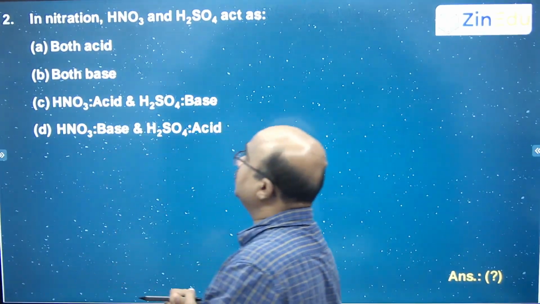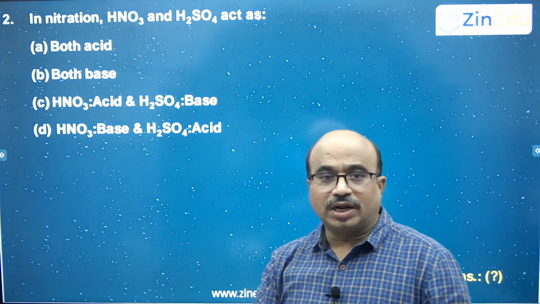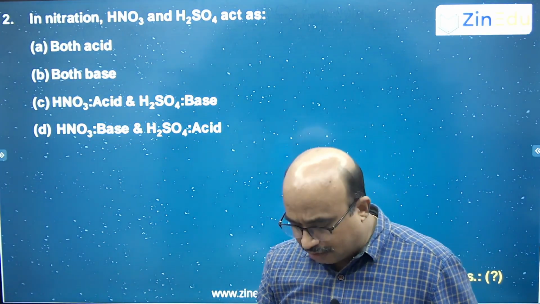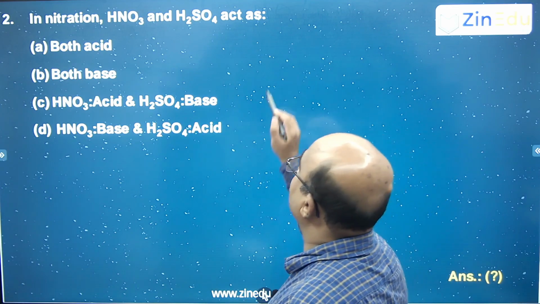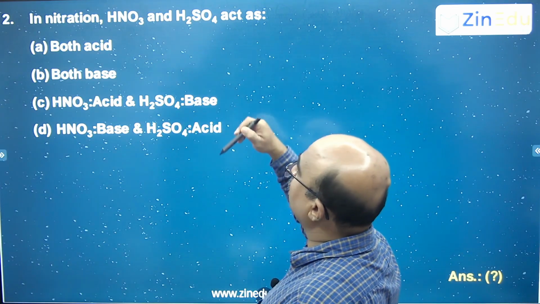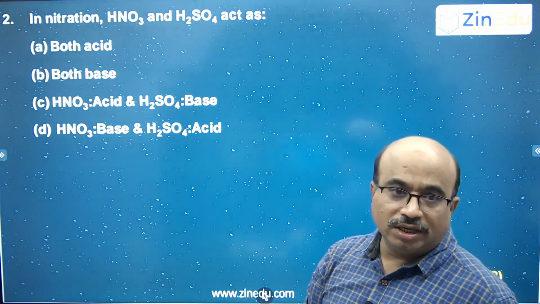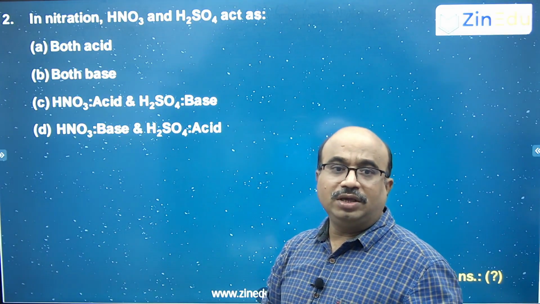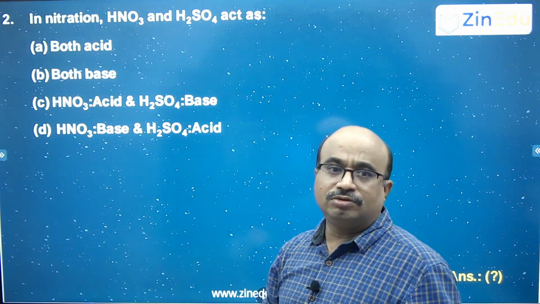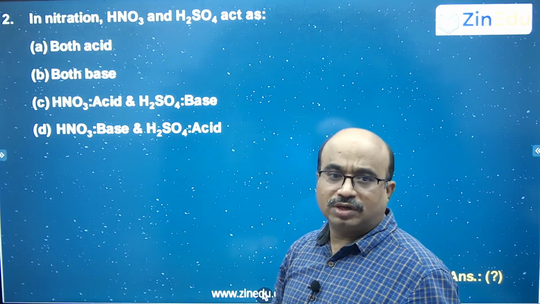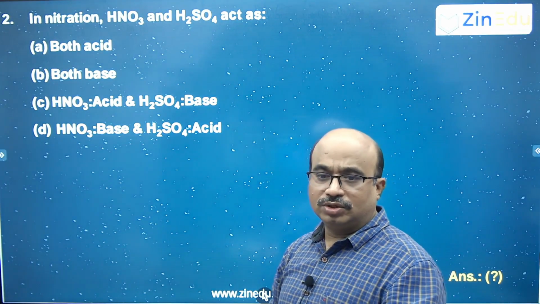In the nitration, HNO3 and H2SO4 are both acids, but generally we know the nitration process mechanism. During nitration, fuming nitric acid and fuming sulfuric acid are taken. When we add these two, considering the Ka values, the dissociation constants, sulfuric acid is a better acid compared to HNO3.